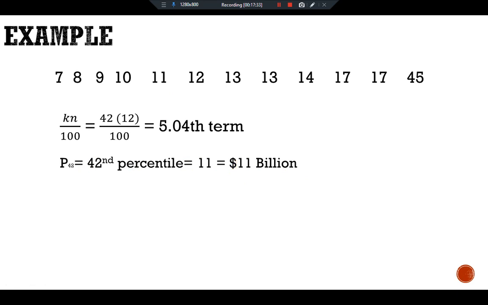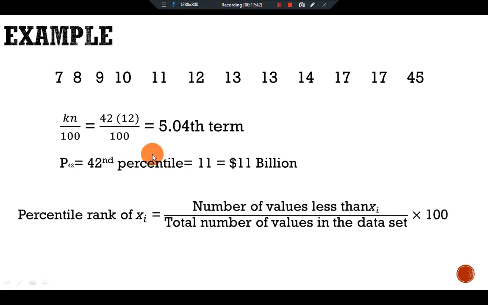We can calculate the percentile rank for a particular value of a data set by using the formula: the percentile rank of any observation xi is equal to the number of values less than xi divided by the total number of values in a data set, multiplied by 100.